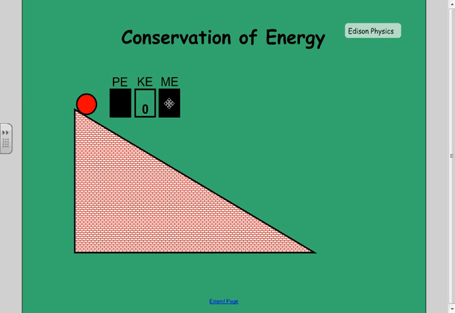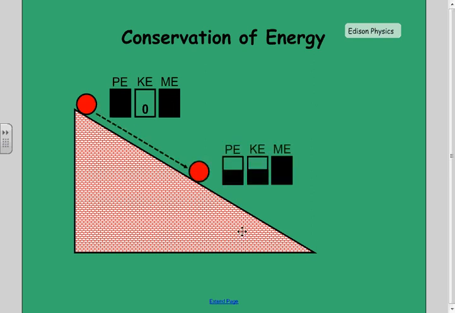Well, let's suppose it gets about halfway down the hill. Here it is. It's rolled down the hill. As it gets closer to the ground, it has less potential energy, so the potential energy bucket is no longer full. It's moving faster than it was at the top, so it has some kinetic energy where it didn't used to have any.